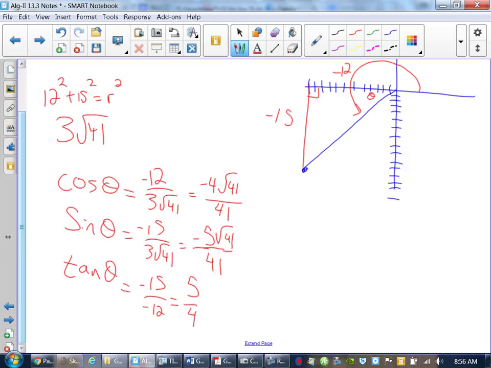And then just flip everything. So the inverse of cosine is secant. If I go to my original one that wasn't rationalized, it's easier to work with. So all I have to do is flip this. It becomes 3 root 41 over the negative 12. So that's just root 41 over negative 4.